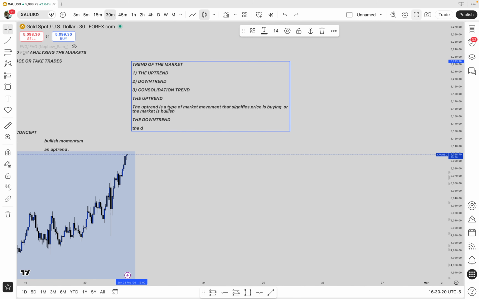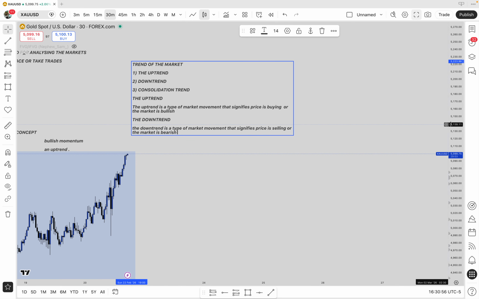The downtrend, right, is a type of market movement that signifies price is selling, or the market is bearish.